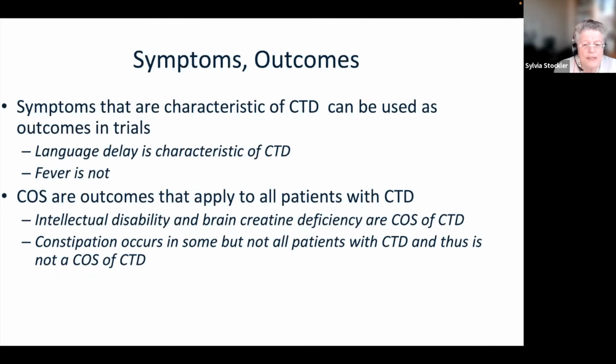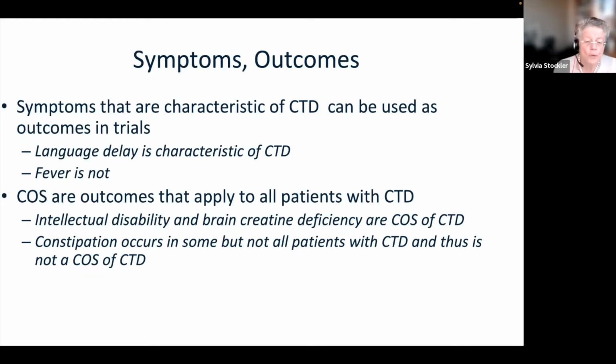Core outcome sets are outcomes that apply to all patients with creatine transporter deficiency, for example. Intellectual disability and brain creatine deficiency are core outcomes for creatine transporter deficiency, because all patients with this diagnosis have these presentations, have these symptoms.